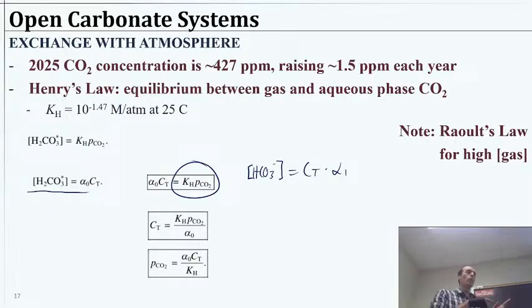And so if C total changes and increases as we increase pH, our bicarbonate and our carbonate can continue to change as well.